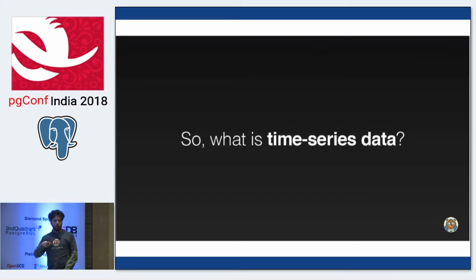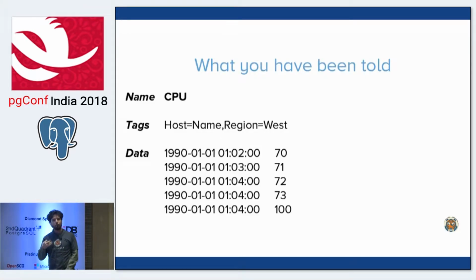And so an actual question you might ask at this point is, what is time series data? And if you come from the metrics world, or from the sysops world, what you have been told is that time series data is something that has a name. For example, CPU is associated with a set of tags that describe where that data is coming from.